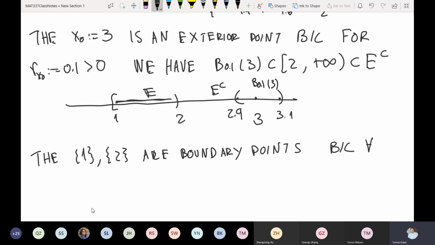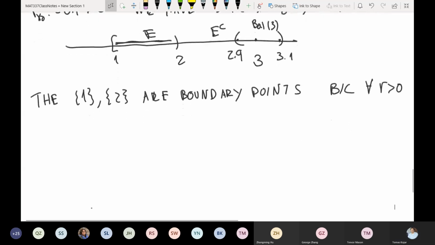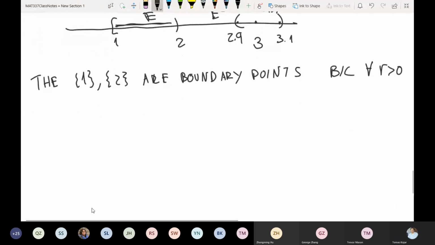Because for all R positive, B_R(1) is the following set. It's the set (1 minus R, 1 plus R).